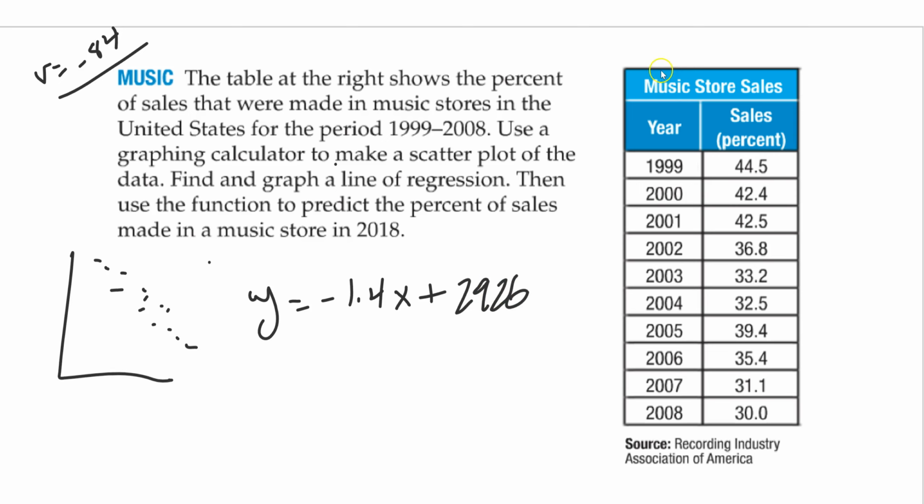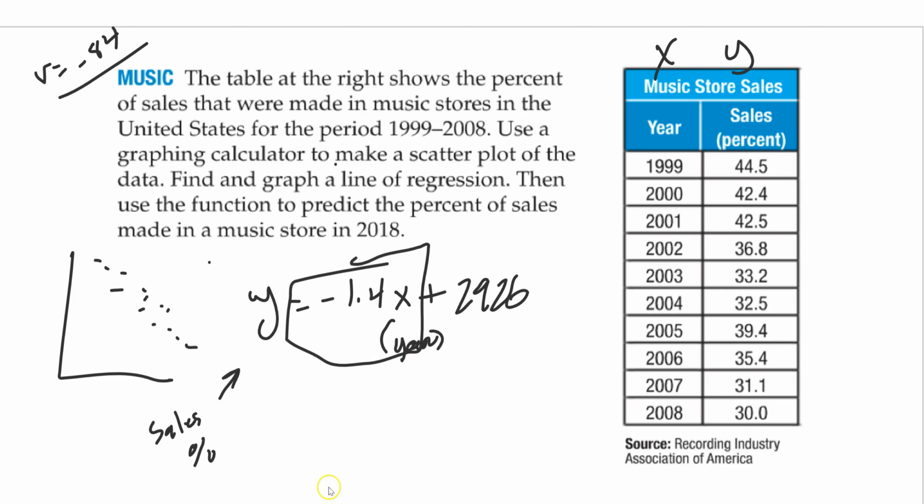2,994. Now remember, let's talk about what each thing means. X is year and Y is sales percent, so percent of sales. Now let's talk about what slope means. We haven't talked about this yet.